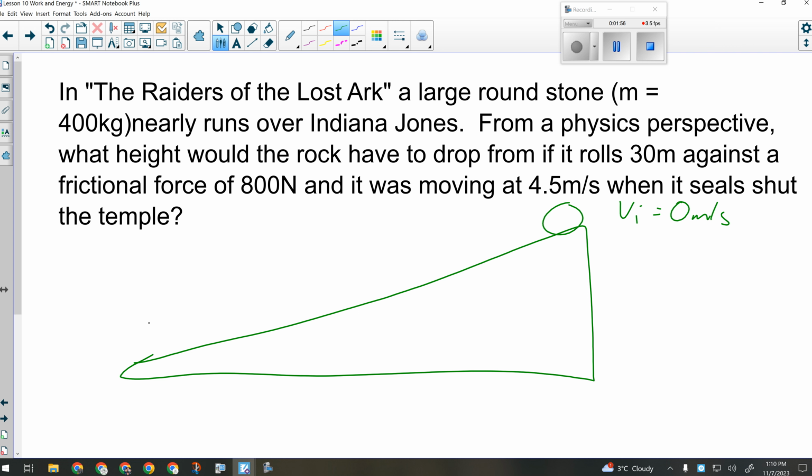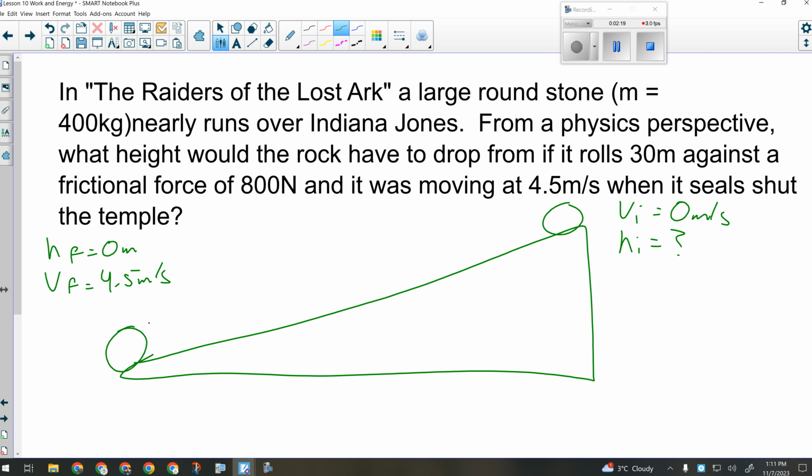And it's at a height that we're looking for. We're looking for its initial height. The end of that question is here at the end of the tunnel. Here at the end of the tunnel, its final height is 0 meters, and its final speed is 4.5 meters per second.